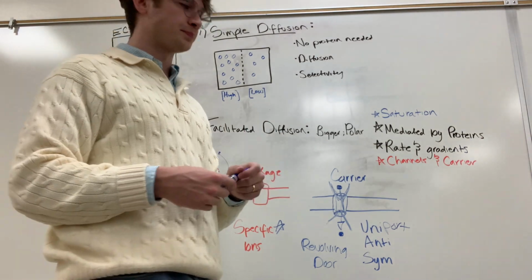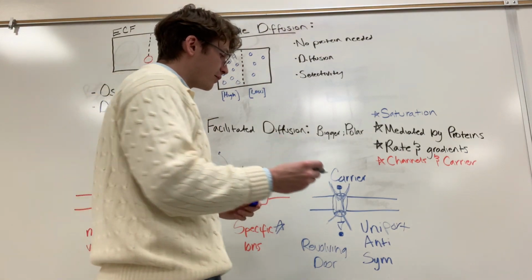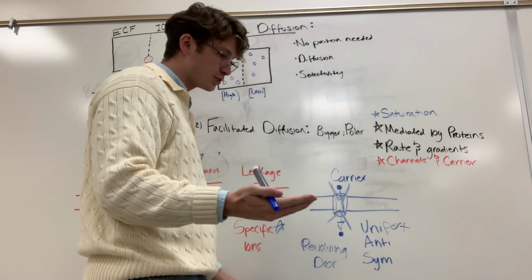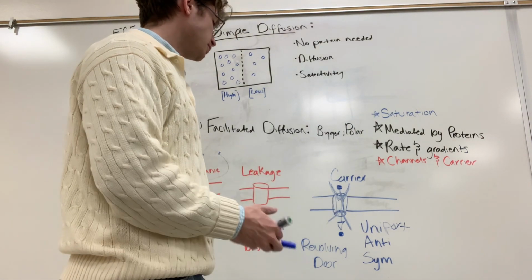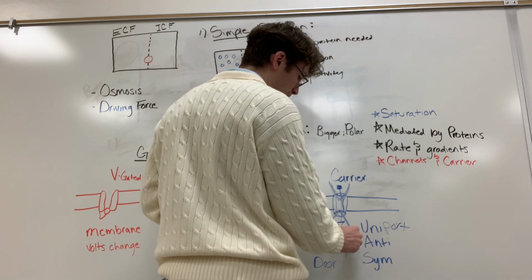Uni meaning one. Anti is when you would have two chemicals, ions. So instead of only having one, you would have two.